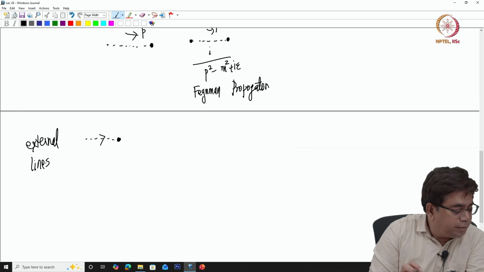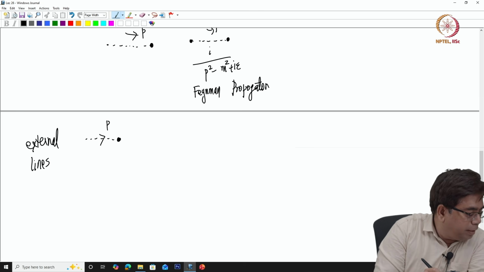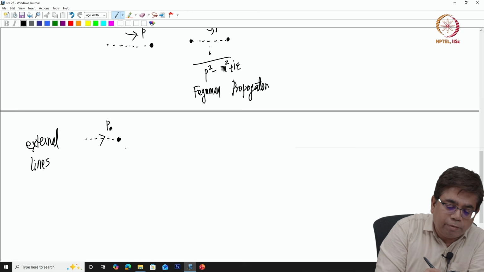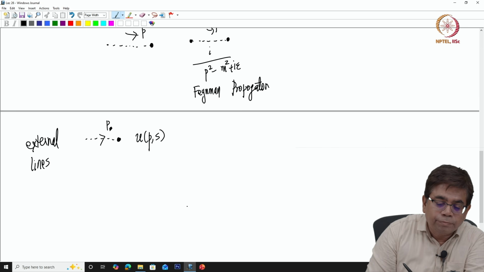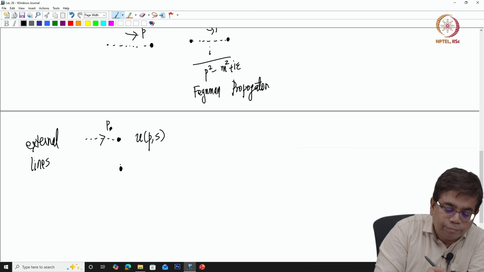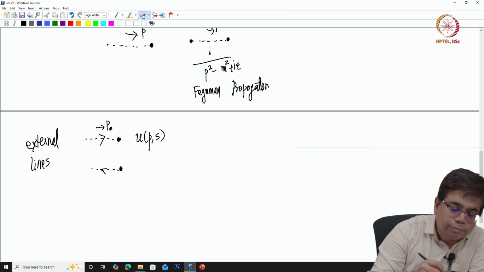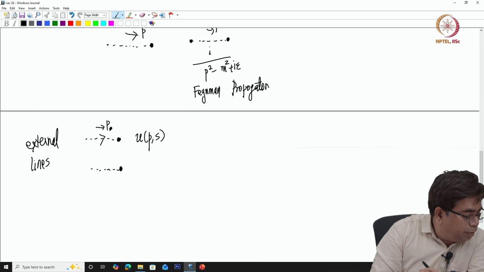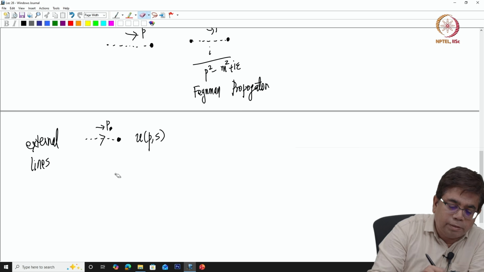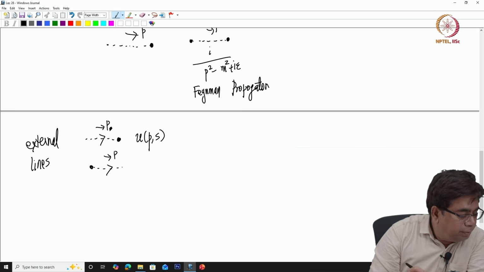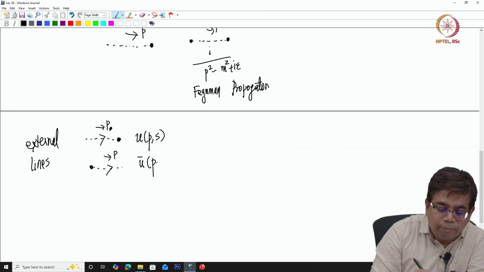An incoming particle to the vertex with a momentum p and a spin s, you write a spinor u of p, s. An outgoing particle with a momentum p and spin s would be u bar of p, s.